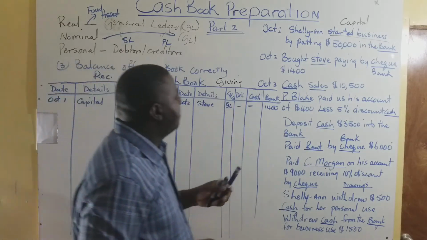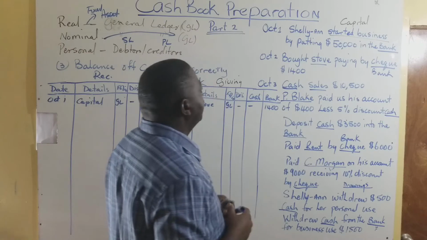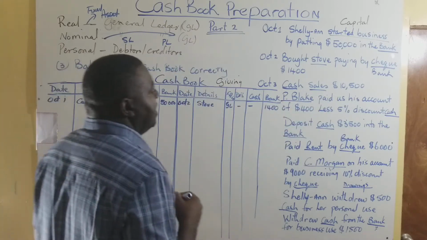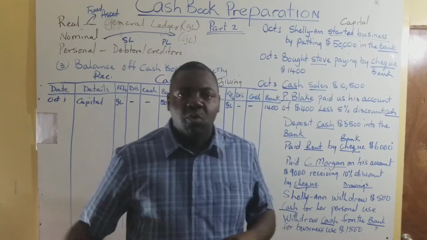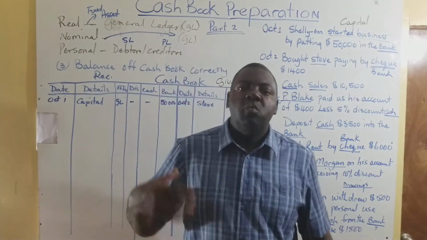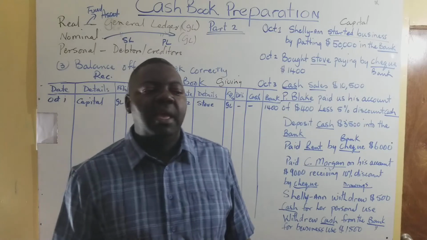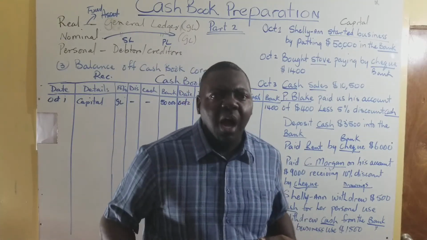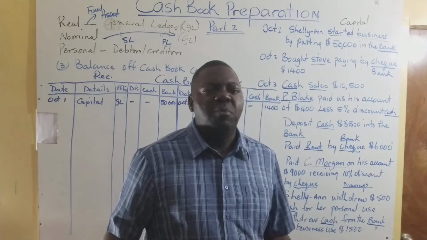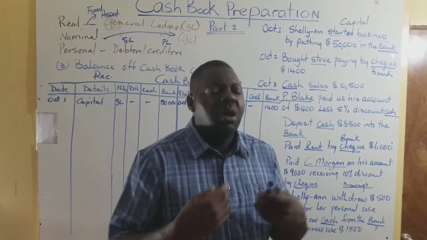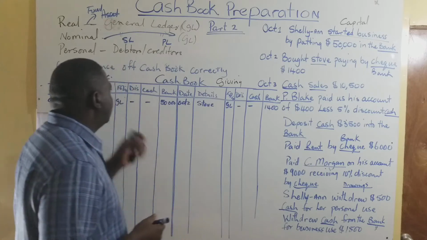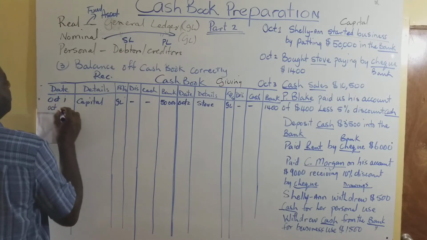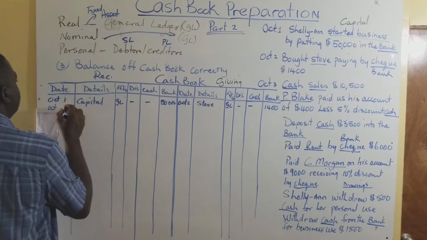October 3rd, we have cash sales. What that is saying is, are we receiving money? We sold goods for cash. When we sell goods for cash, are we receiving money or paying out money? Almost definitely when we're selling, we are receiving money. So if we're receiving the money, it's going to be on the debit side. So it will be October 3rd.